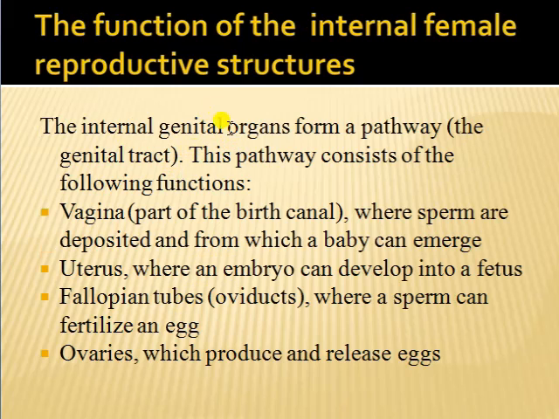The internal genital organs form a pathway. This pathway consists of the following parts. The first part is the vagina.